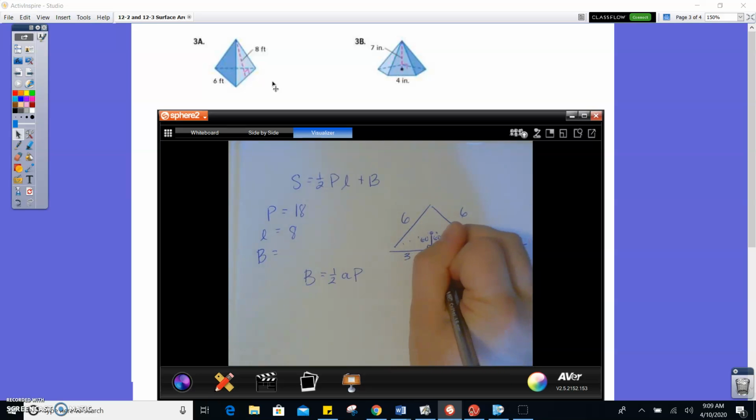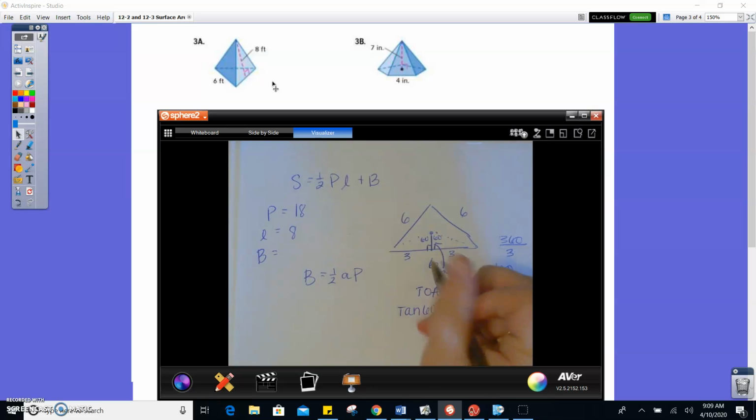Now I'm solving for this missing side right there, which is A, our apothem. I have the angle of 60, I have the opposite side, and I'm looking for the apothem, which is the adjacent side. So I know when I have opposite and adjacent, that's actually my tangent. So I will use tangent of 60 is equal to the opposite side length, which is 3, over the adjacent side length, which is actually our apothem.